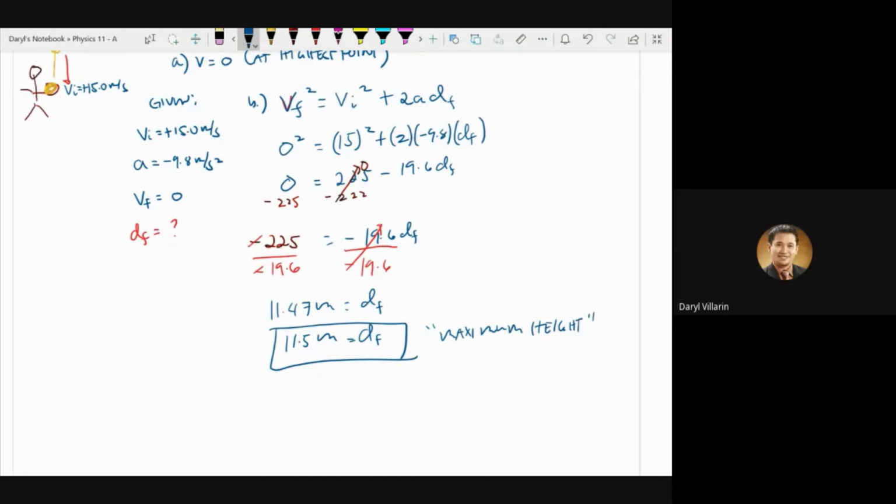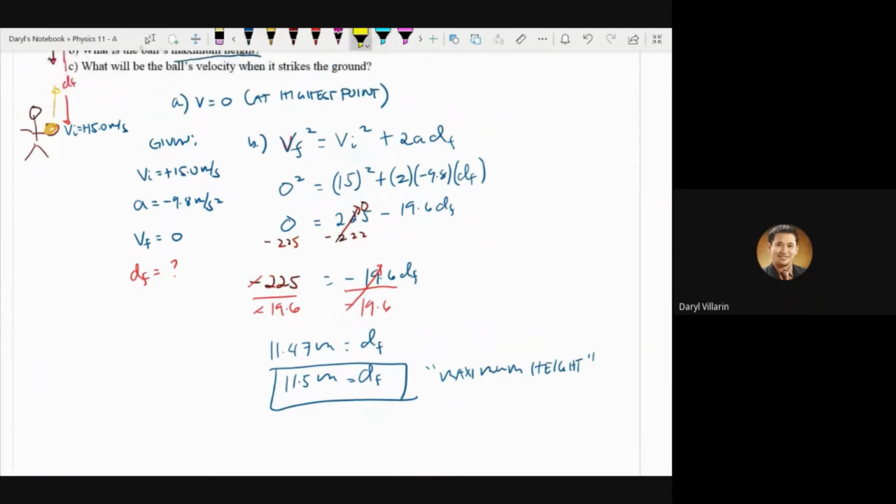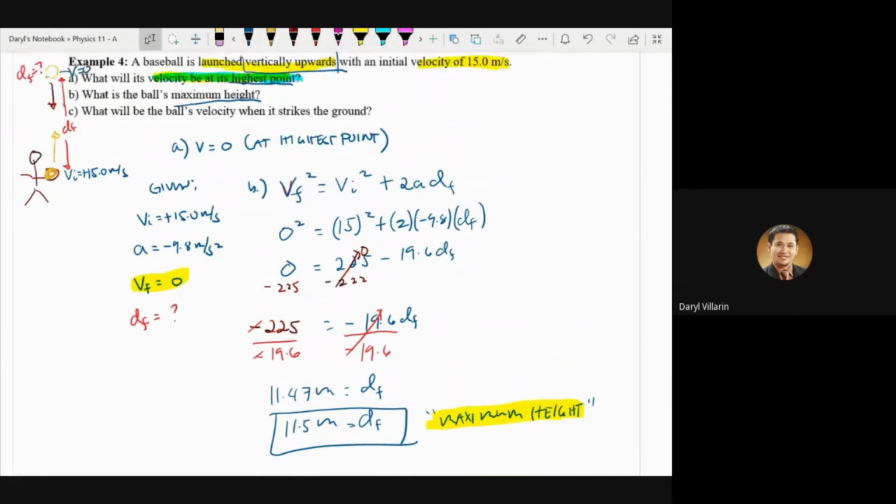And again, when I say maximum height, remember that you set your vf, or the velocity there, at 0. In some questions, it will not tell you the velocity at that particular position, but if the question involves maximum height, automatically you can set your final velocity there at 0.